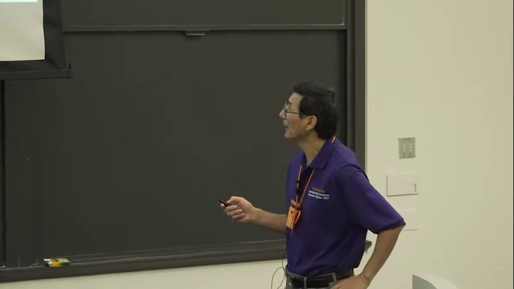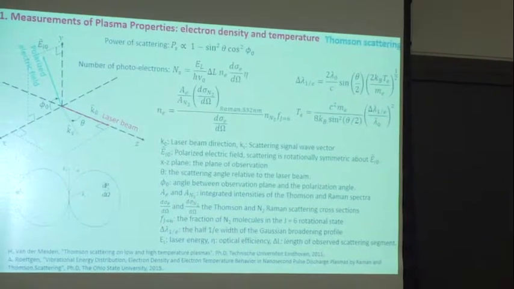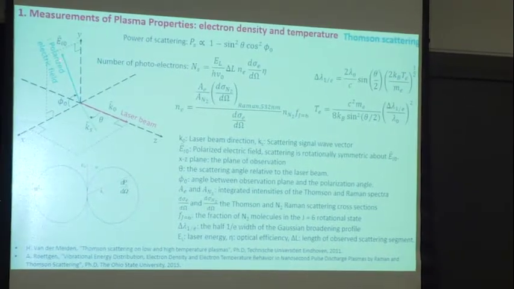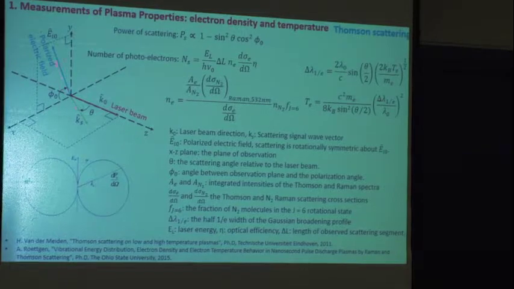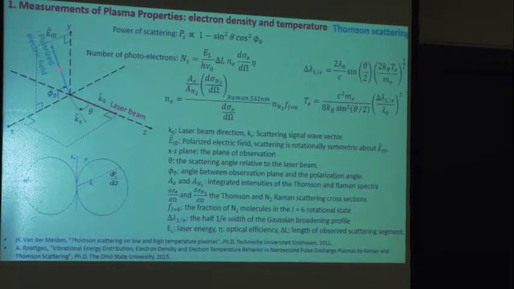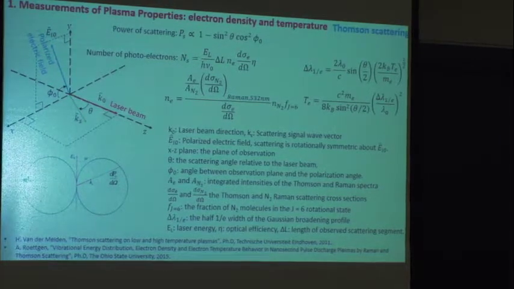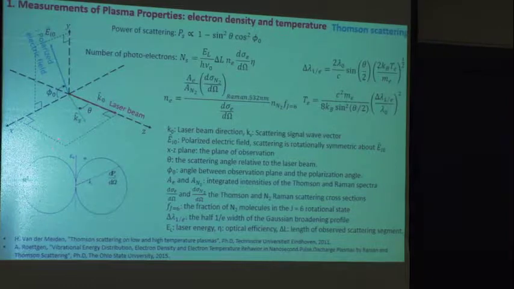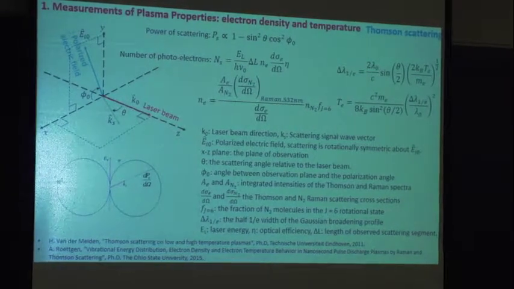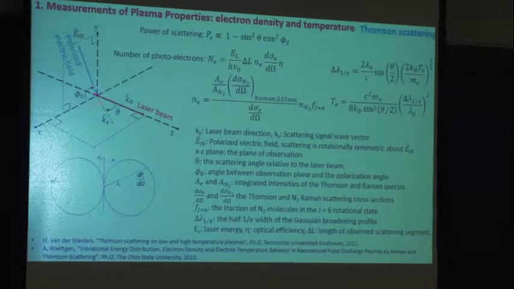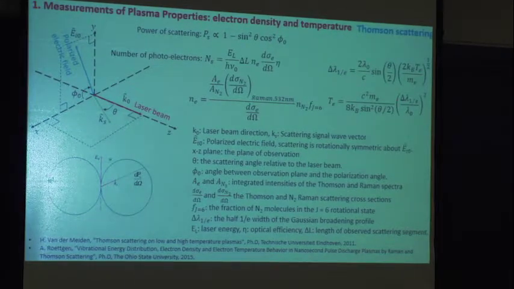So for example, imagine that you have a laser propagating in this plane, and the polarization of the electric field of the laser polarizes at this angle. And your detection plane, for example, is XZ. You try to detect the scattering from the polarized laser propagating in this direction.